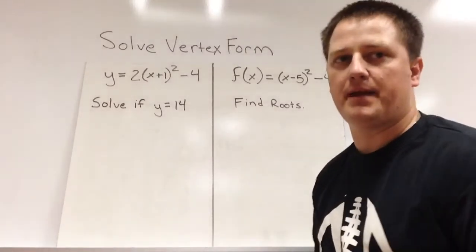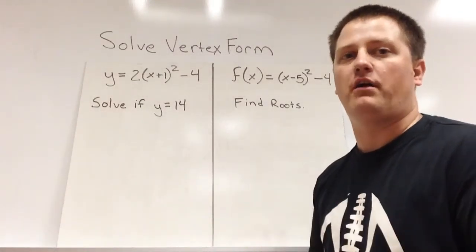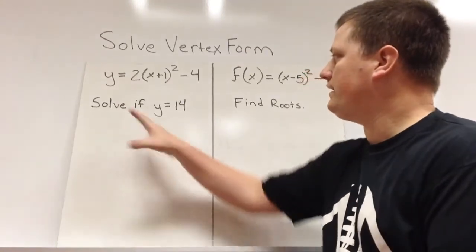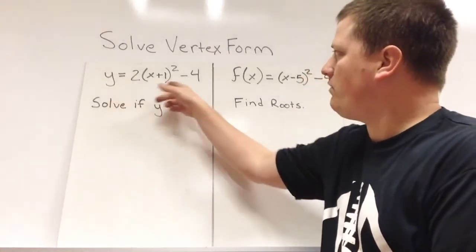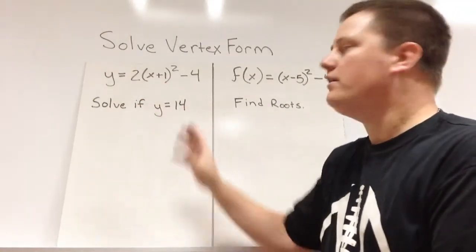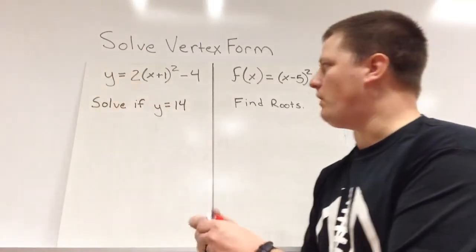The next thing that we want to be able to do is to solve an equation rather than just using the graph. So in this first version, I have an equation in vertex form, and we want to solve if y is 14. So what we're going to do is we're going to put 14 in for y.